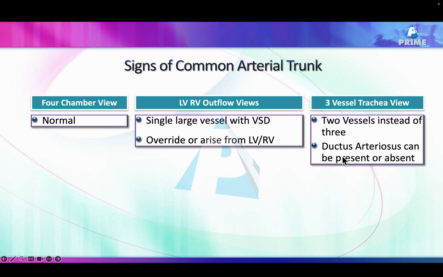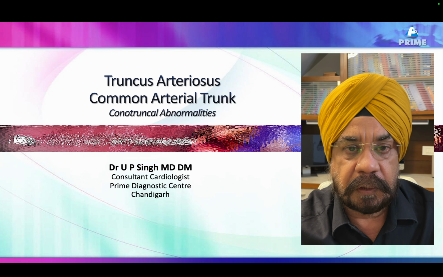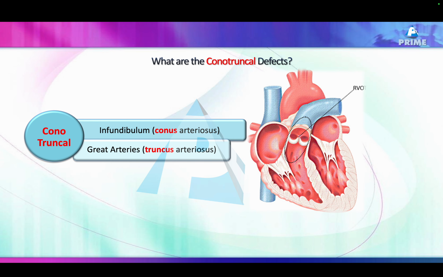The ductus arteriosus may or may not be present in common arterial trunk. So these are the findings where you have a single vessel and you see the pulmonary arteries coming out of that. Let us discuss the various types of truncus, their outcome, and their associations in a very brief summary.